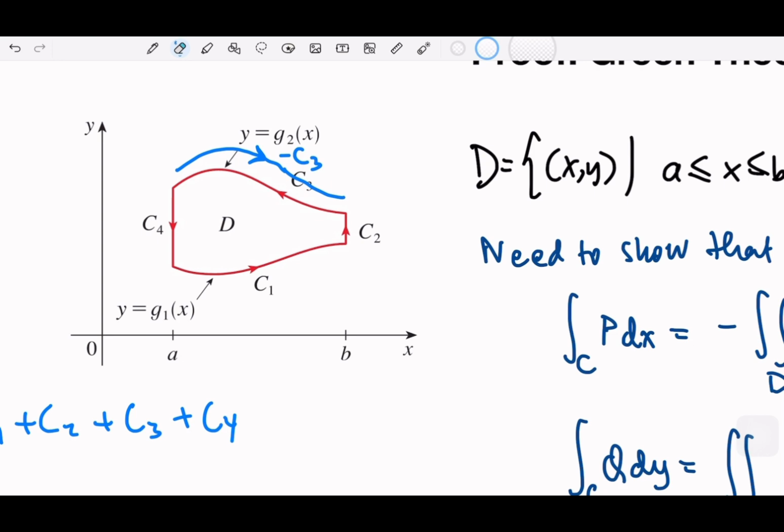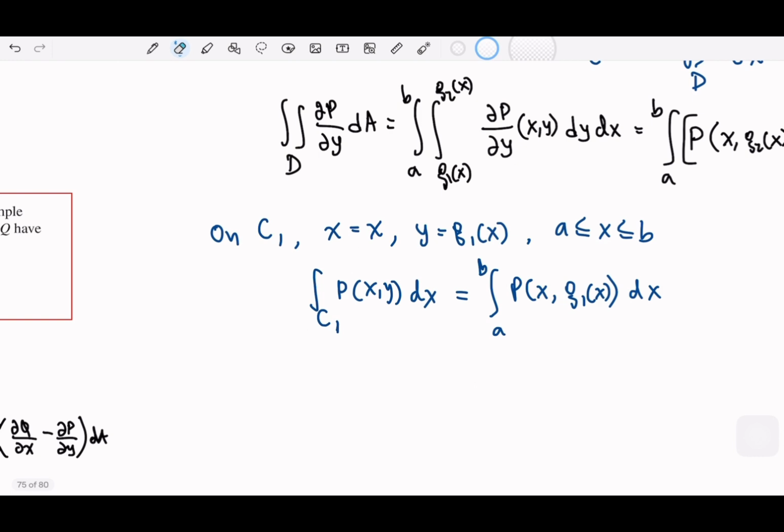So basically we are adding all these curves. Our integration is from A to B, but since there is one that goes from right to left, the integration would actually be from B to A. That's why I think it's easier: if we change the directions, it becomes minus, so all the integrations will have the same limits from A to B. If you get my point. Okay, so let me write here.